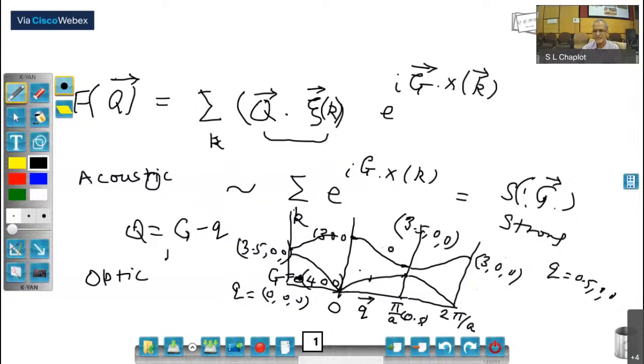So here I'm assuming that 400 is a strong reflection and 300 is a weak Bragg reflection, which is often the case. It might even be absent in certain structures, depending on the kind of structure we have. That's another story.